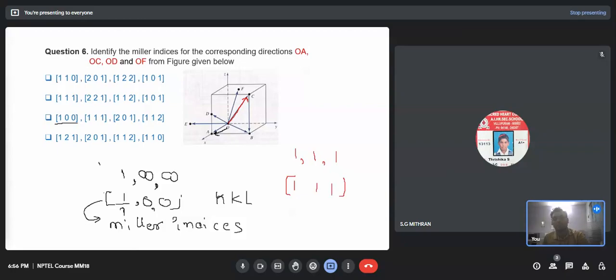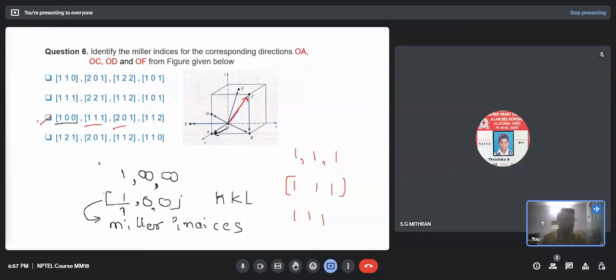So the Miller indices will be 1, 1, 1. Here also you can see this OC direction, the Miller indices will be 1, 1, 1. So our option is matching. Now we'll calculate for the others.